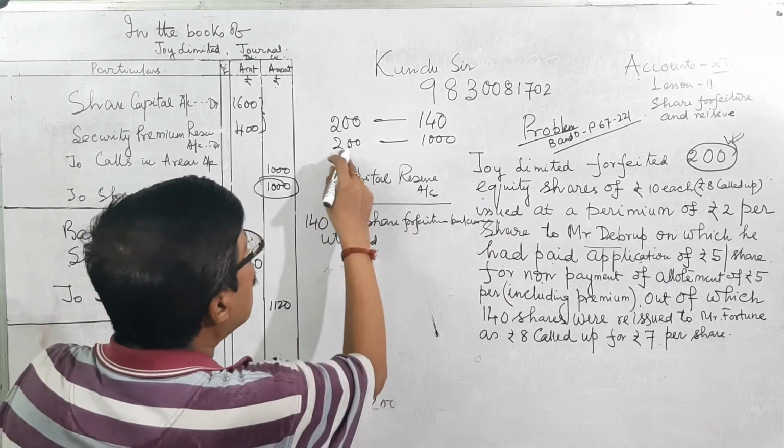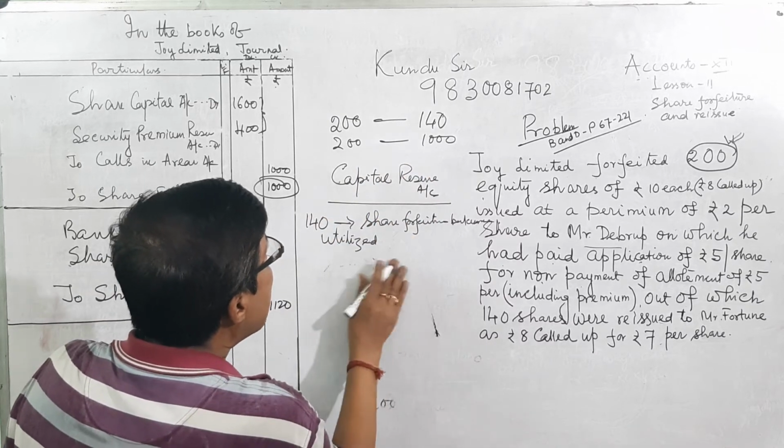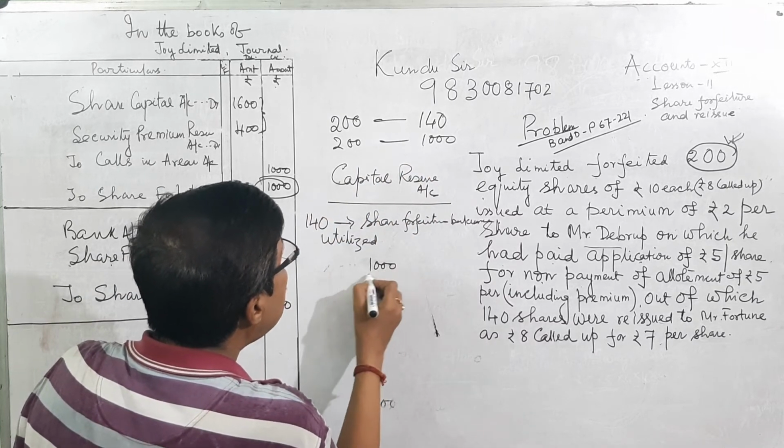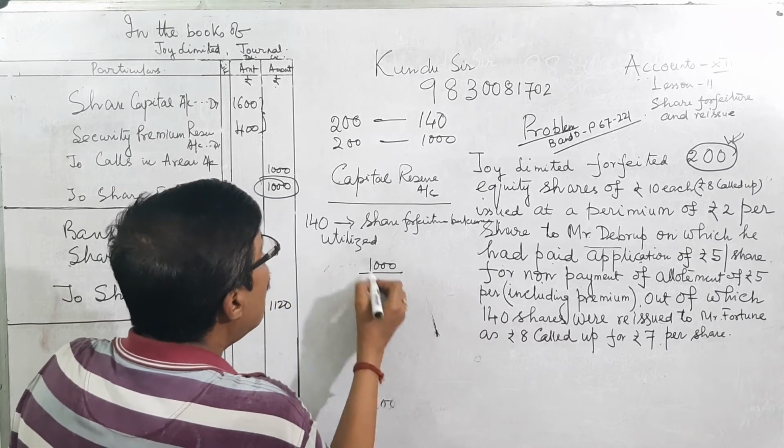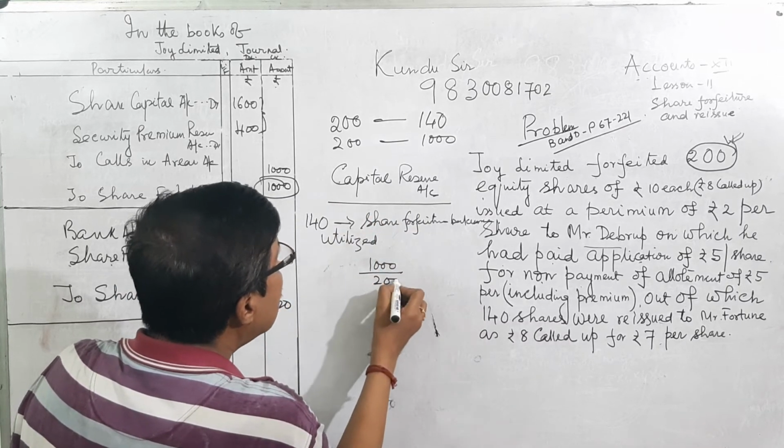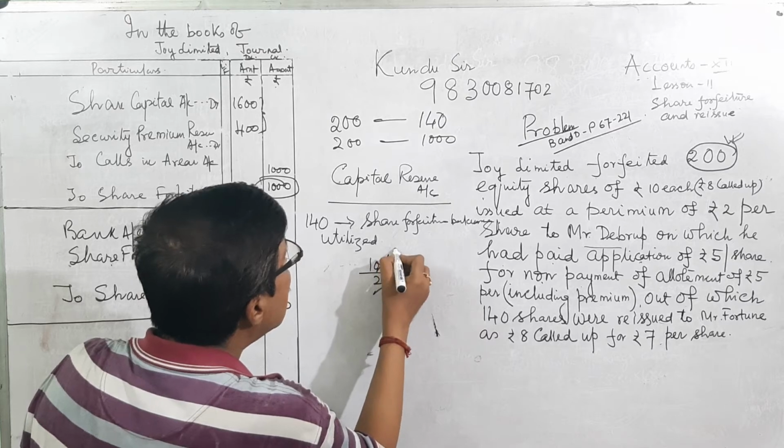It is for 200, that means 1000 by 200 equal to 5.